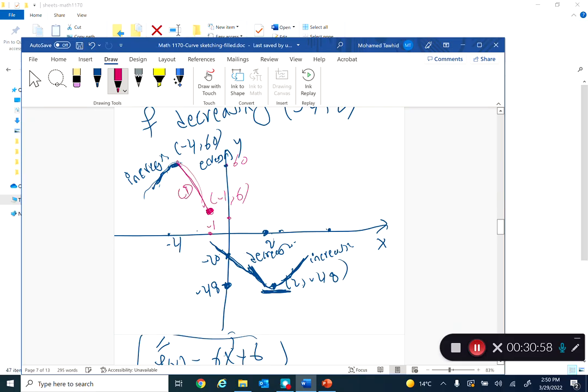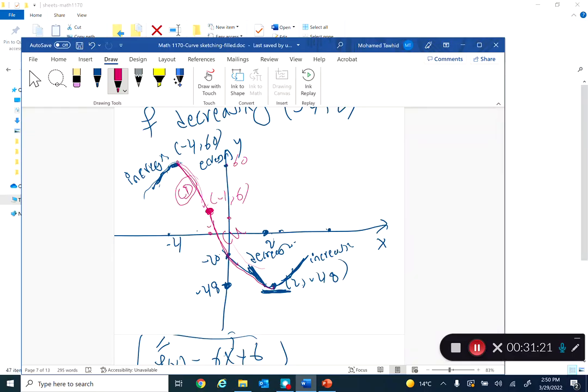Right after negative 1, the graph is concave up, like this. So before negative 1 it is concave down, and after negative 1 it is concave up. Right? So that's very much the sketching of the graph.